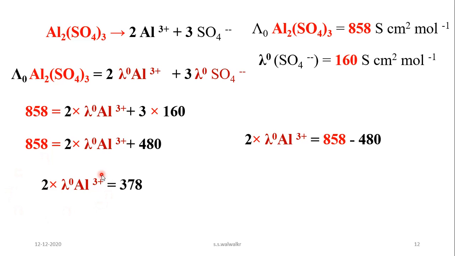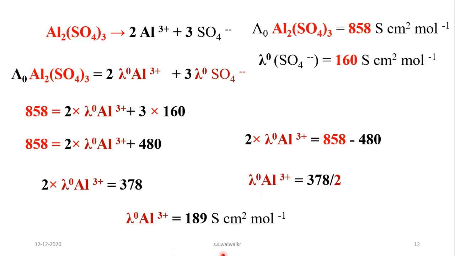From that we have to calculate the molar conductivity for a single Al ion. So lambda 0 of Al ion is equal to 378 divided by 2, that is 189 Siemens centimeter square mole inverse. That is the molar conductivity at infinite dilution of Al ion.